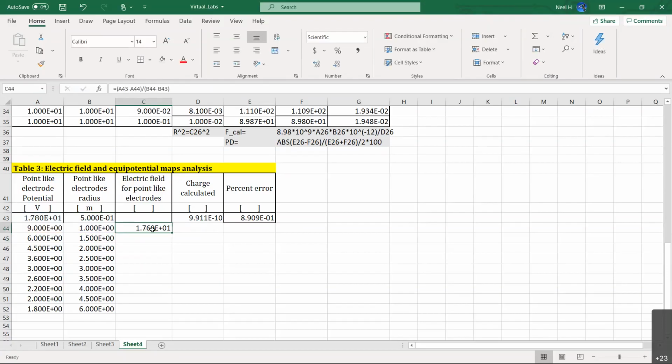If you do that for 1, let me copy paste this function. You can refer to that as you need. So this is actually the function for equipotential. This is the function for electric field. This is the electric field calculated function.